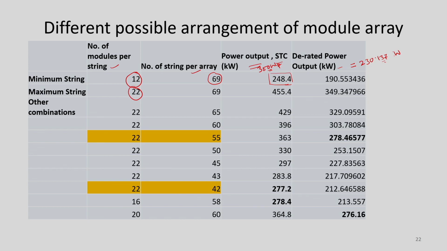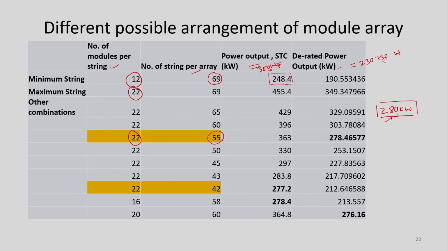And we will have more number of combinations and we can select the best one, but we must keep in mind the input power for the inverter. Okay? So, the inverter power requirement is 280 kilowatt. So, we need to provide energy just near to 280 kilowatt. Okay? So, that way we need to find out the best combination. So, we can have something like 22 modules per string and 55 strings per array.